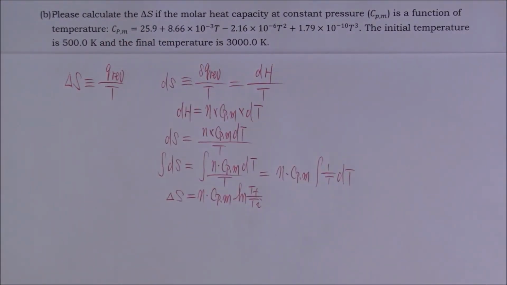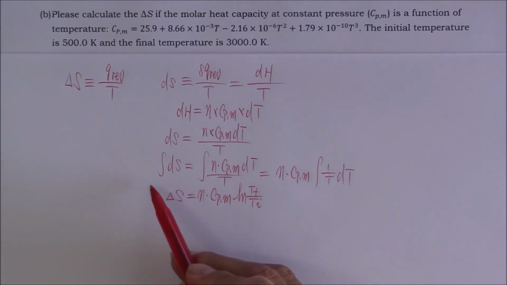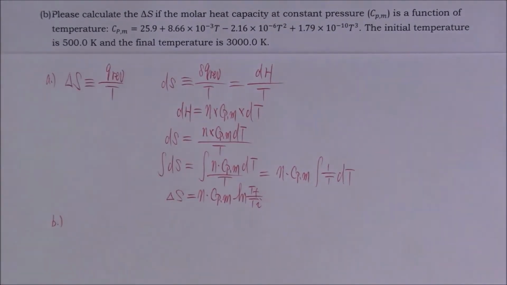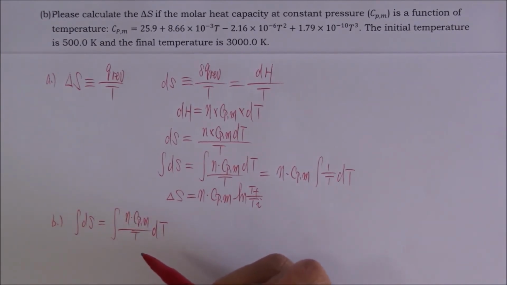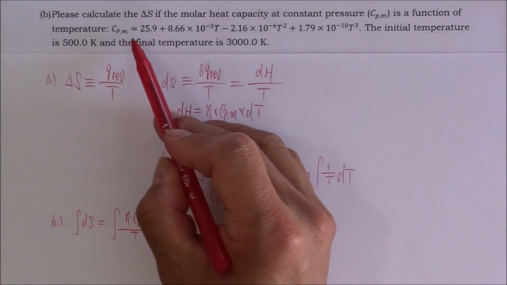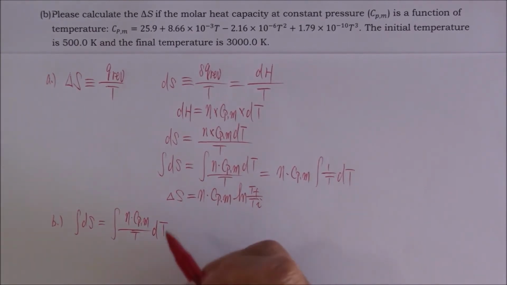But don't worry, when we work out B, we will start from here instead of from here. Because Cpm is a function of temperature, we just plug the expression of Cpm into this integration. Then let's see what we can get.